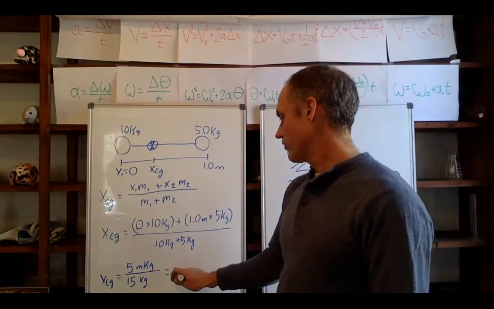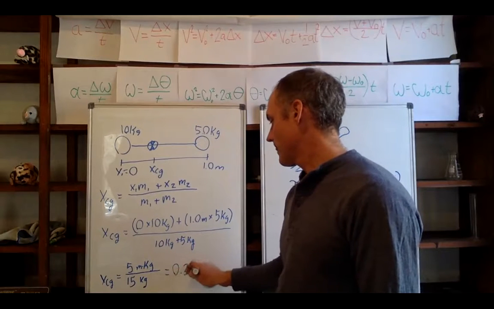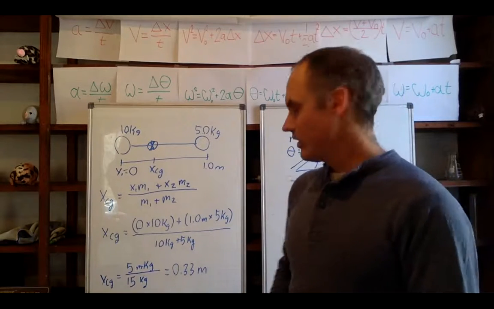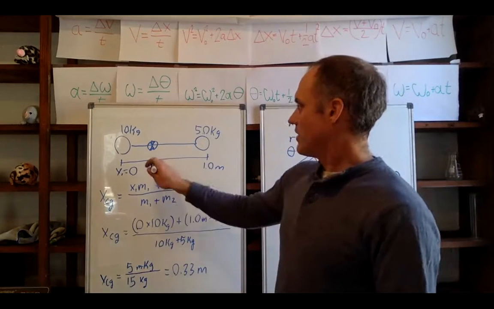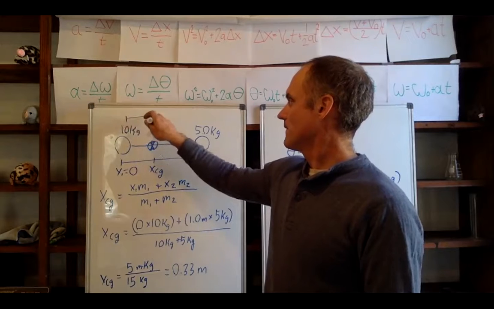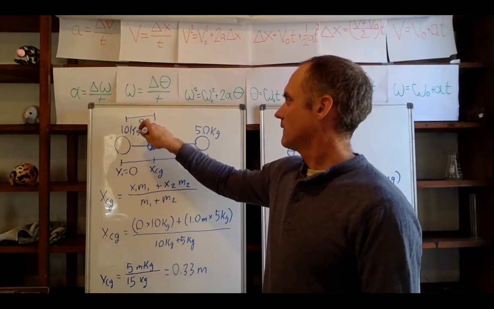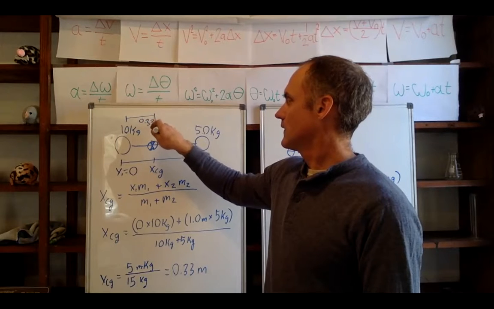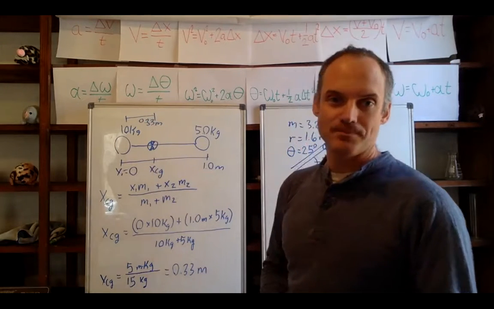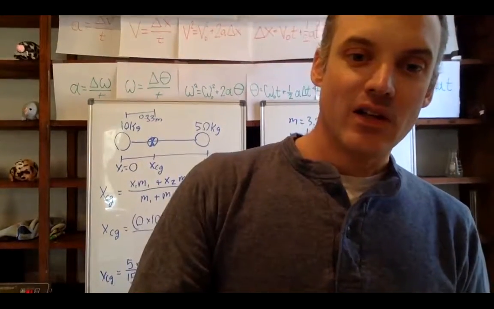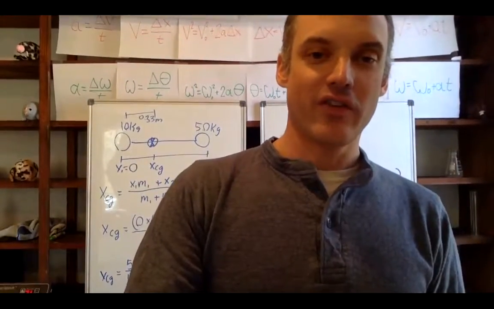So 0.33 meters. 0.33 meters is this right here. That's your center of gravity, at 0.33. So just a quick example of how to find your center of gravity.